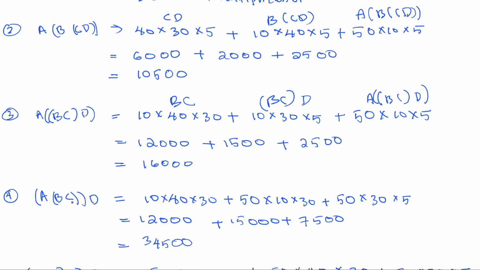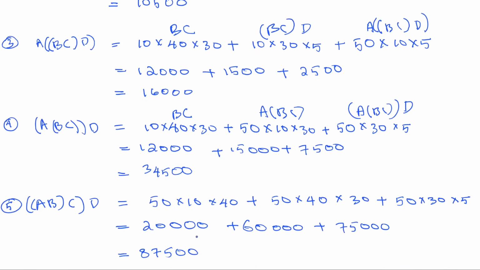Similarly, if you take BC first, then multiply with A, then you multiply that entire product with D, this will be the multiplications required to calculate BC, this is for A into BC, and this is for A into BC into D. This is the total number of multiplications.